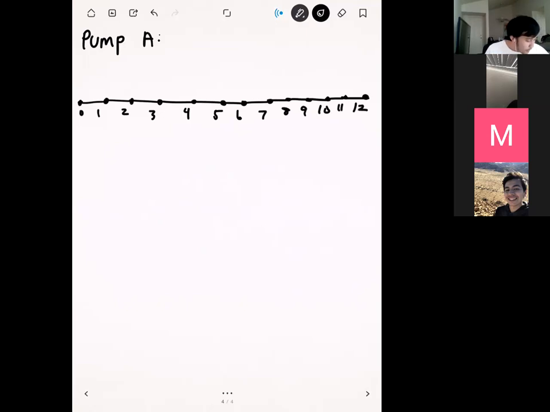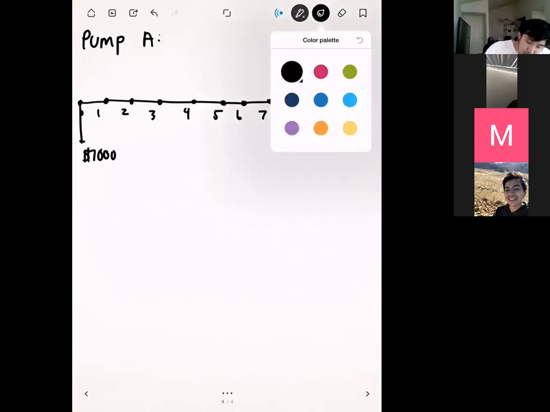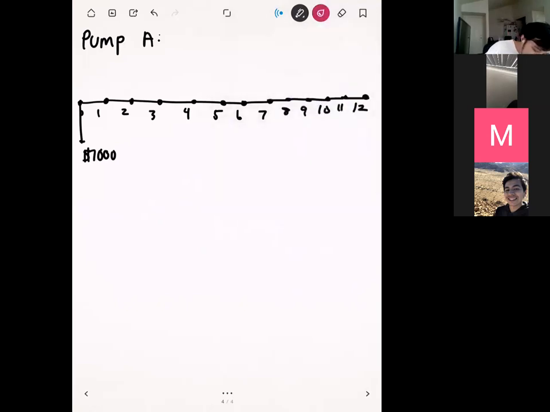And so pump A, we had an initial cost of $7,000, so let's go ahead and draw that in. We have a yearly maintenance cost of $1,500, so every year we're going to have $1,500. Let me use a different color just to illustrate that. So all of these are going to be 1,500.